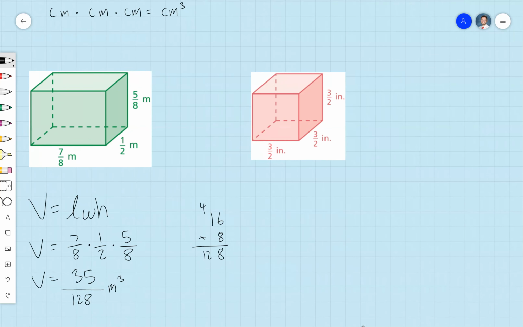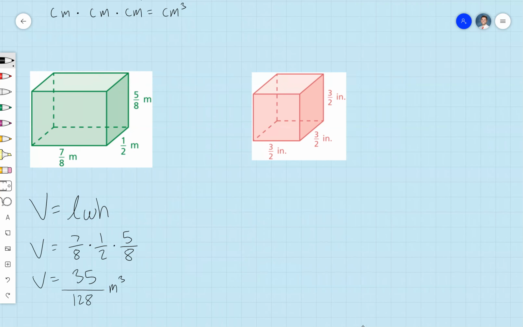All right, let's look over here at our next one. This time we have a length of 3/2, a width of 3/2, and a height of 3/2. So we can see that this one's a cube. Again, our volume will be length times width times height, so that'll be 3/2 times 3/2 times 3/2. Multiplying fractions, we can just multiply our numerators and multiply our denominators.